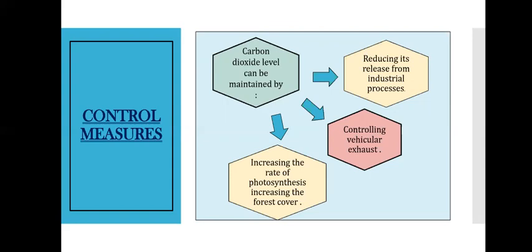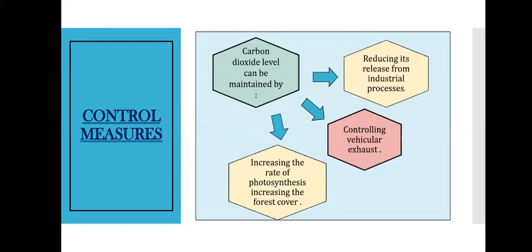Next, as I already told you about the rate of photosynthesis, if you increase the rate of photosynthesis, a large amount of carbon dioxide gets converted into oxygen, and that can be done by increasing the forest cover. When we talk about green plants, you must have heard about various campaigns being carried out by governmental as well as non-governmental organizations about tree plantation.